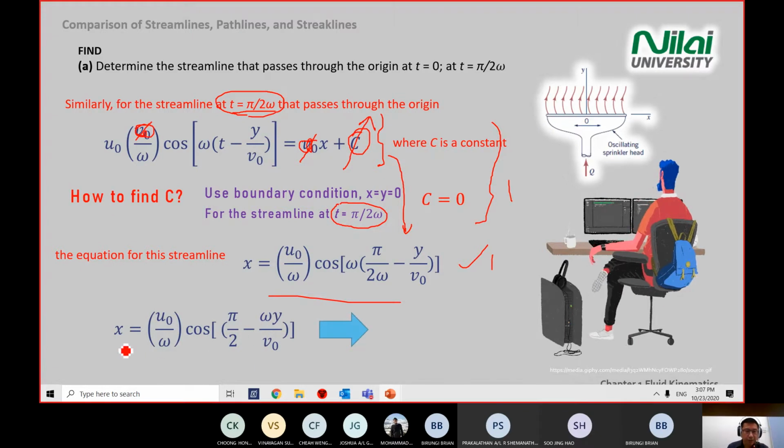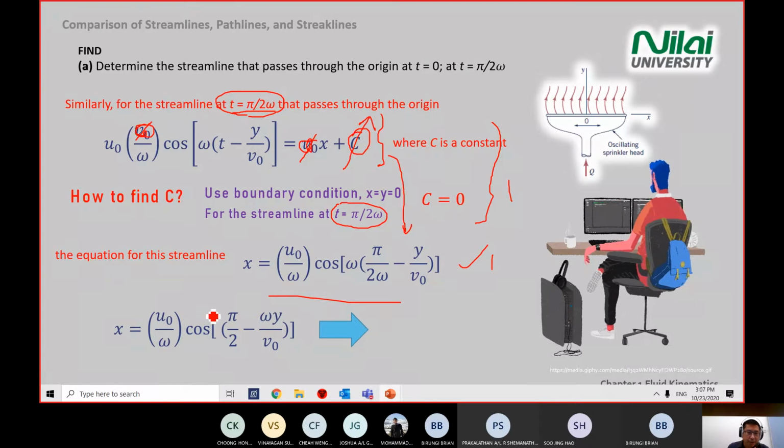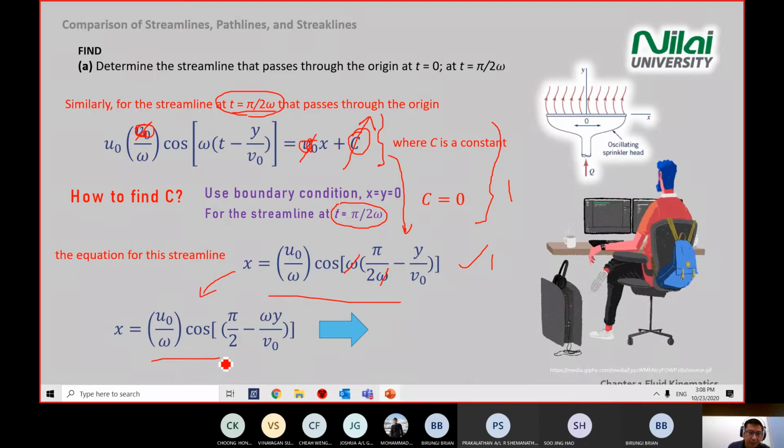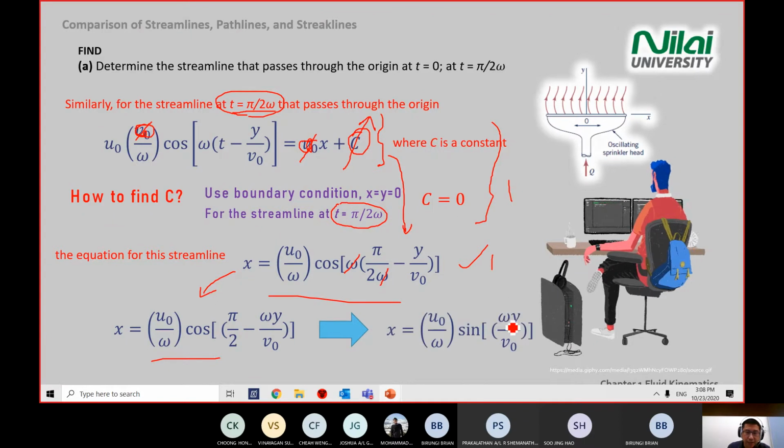So again, the equation just now. Because here after you rearrange, you can cancel your w here again. So this equation becomes this one. So this is just you change this equation into more neat terms, because you know that cos of pi divided by 2 minus something, you can write in this term, from cos into sine.